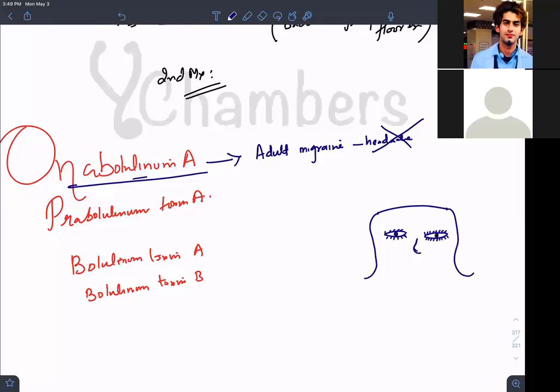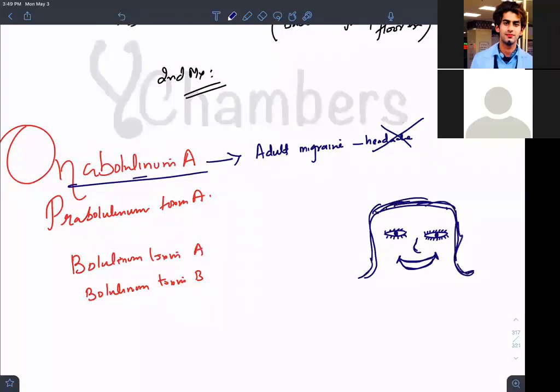Otherwise, I can start making a frog. I don't know how to make diagrams. Oh, big lips, very big lips. Beautiful. Now she's more beautiful. I like her.